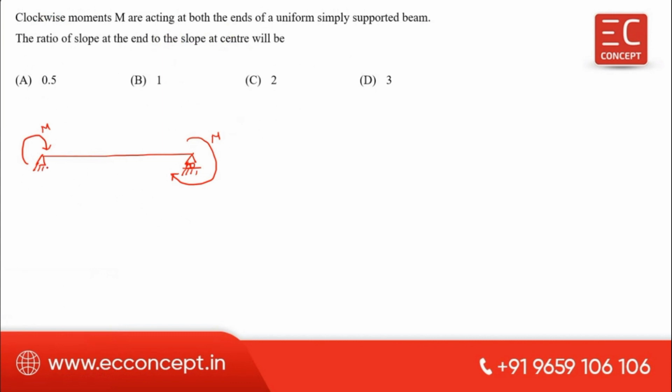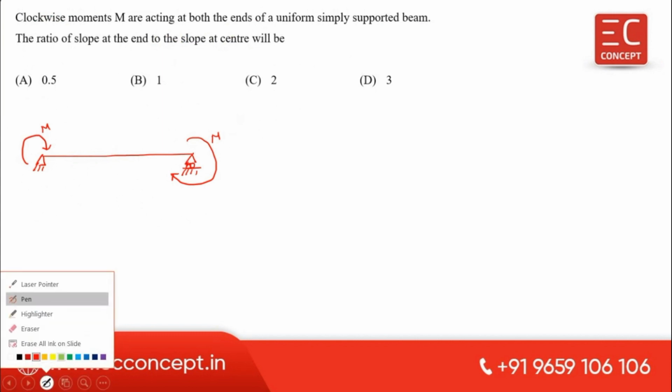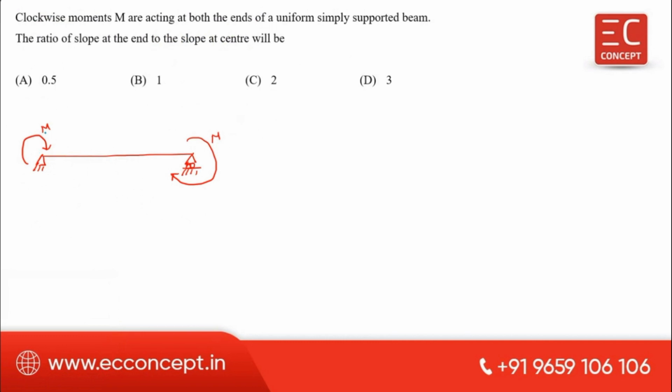Then they are asking the ratio of slope at the ends and slope at the center. Because of this moment loading, this will deflect something like that. This is the deflected shape. This is the theta. Because these two are equal, therefore these two thetas are same.